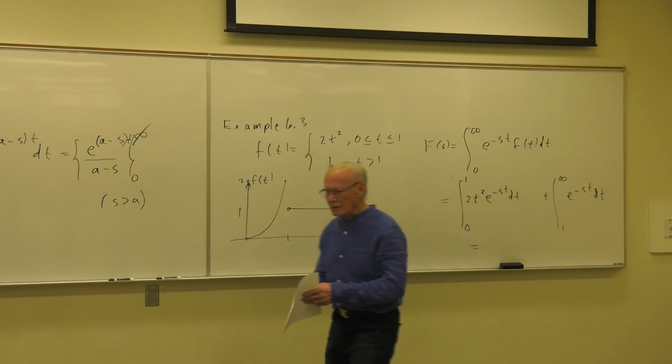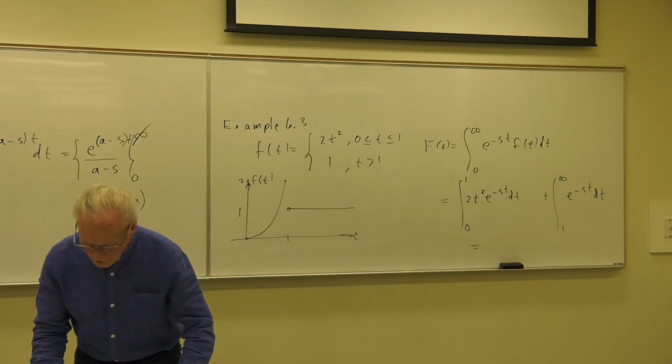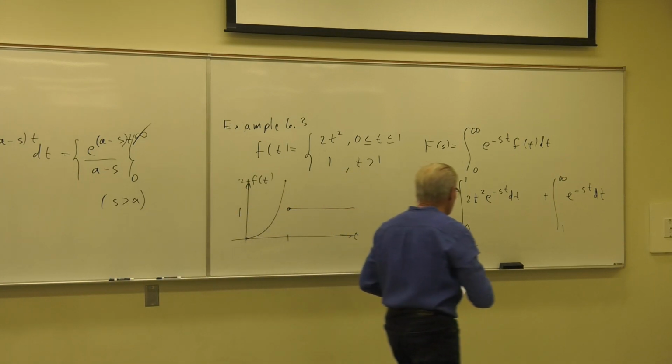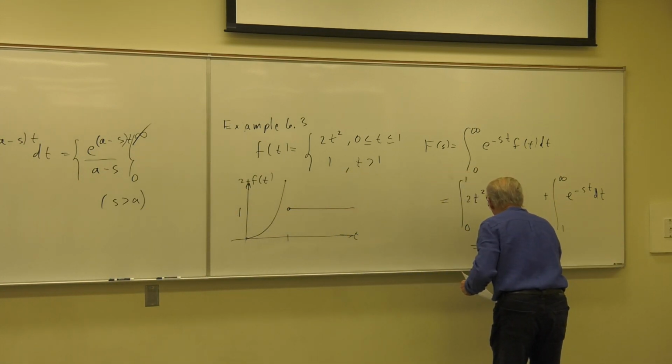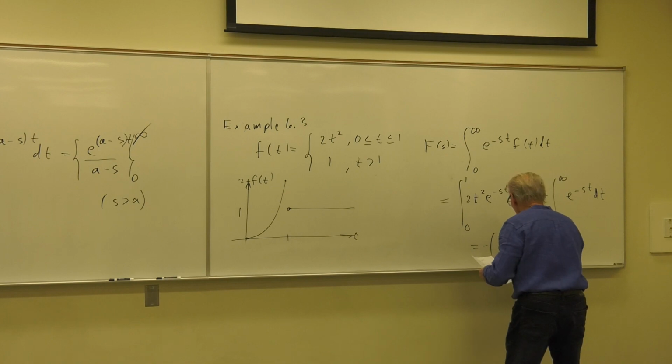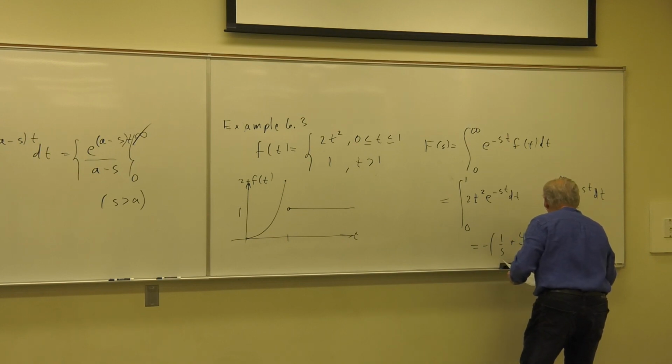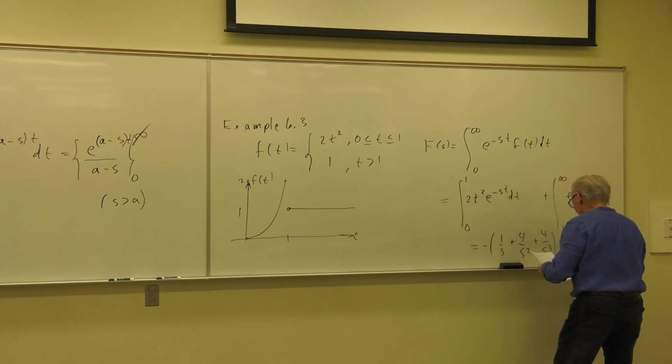According to my notes, when you're all finished doing those integrations by parts, what you get is minus 1 over s plus 4 over s squared plus 4 over s cubed, times e to the minus s, plus 4 over s cubed.